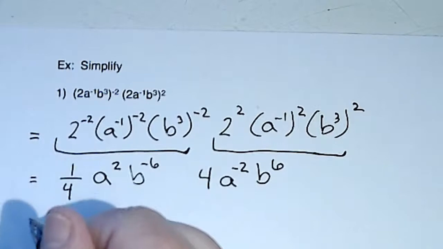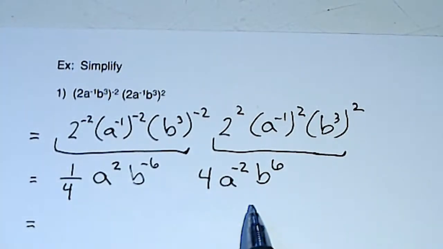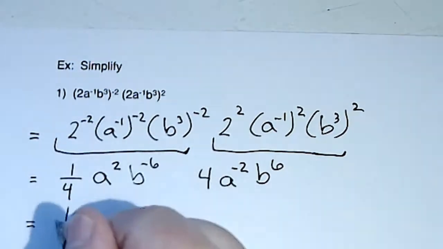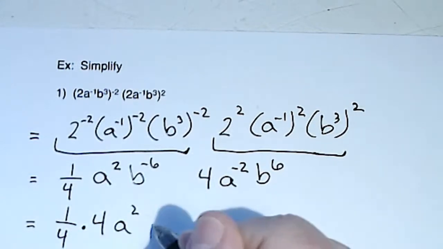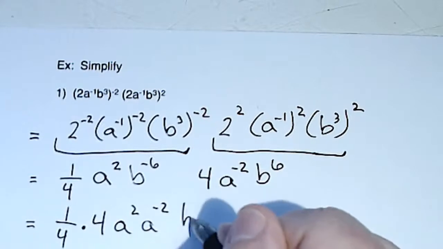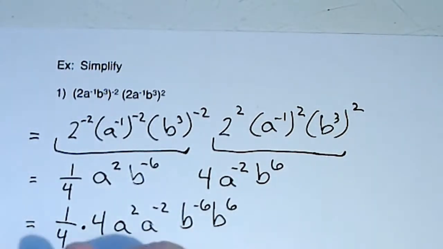Some interesting things happening here. Because this is all multiplication, the commutative property tells me that I can move all this stuff around. So I'm going to move the 1/4 times 4, a squared times a to the -2, b to the -6 times b to the 6th. 1/4 times 4 is 4 over 4, which is 1.